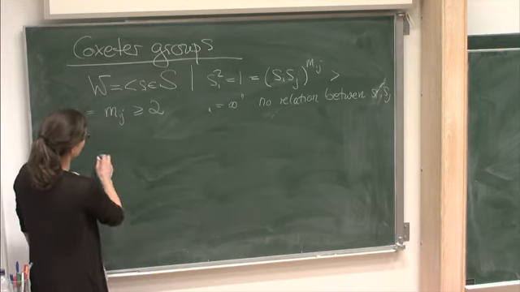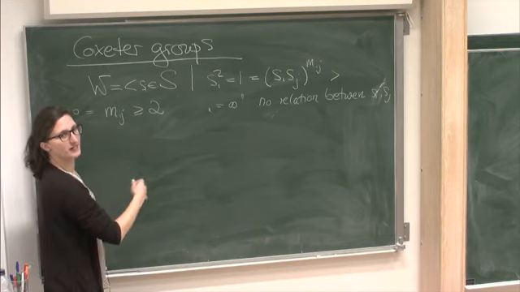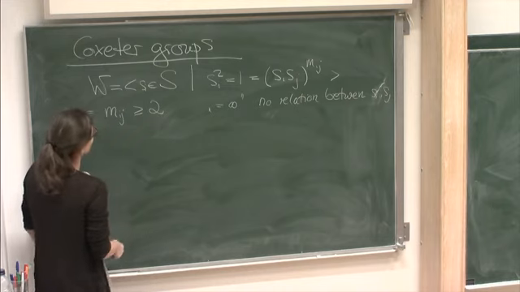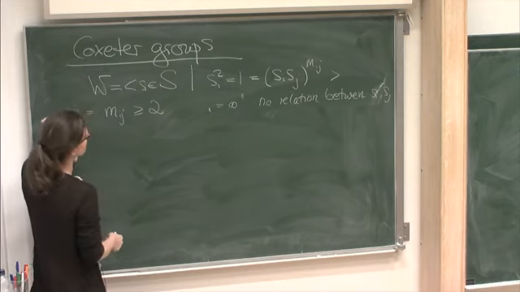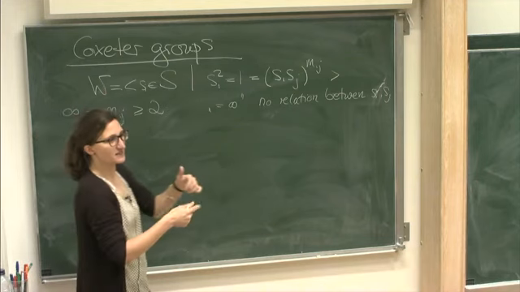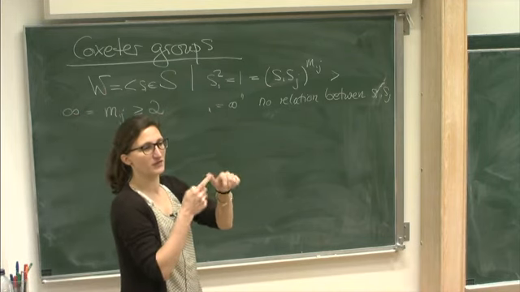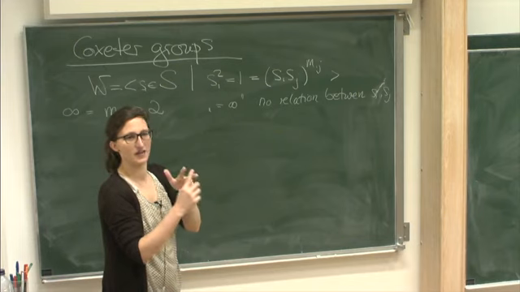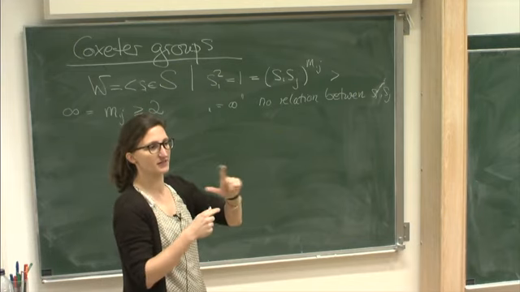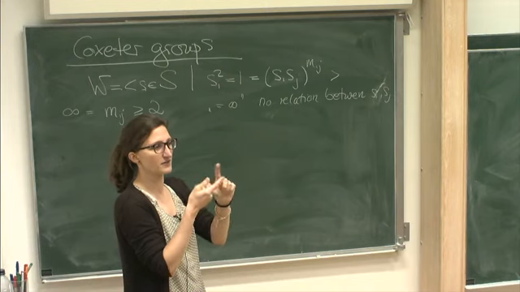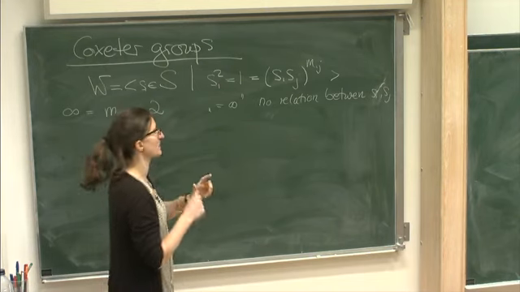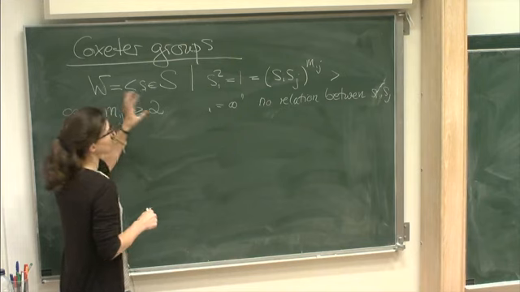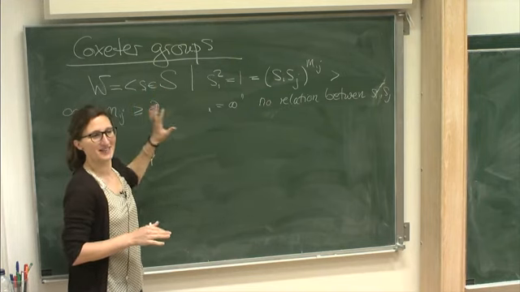Let's have a look at two examples we will keep looking at throughout the talk. These Coxeter groups come in 3 classes. They're reflection groups on spheres, affine space, or hyperbolic space, and the 2 ones we're interested in today are the ones acting on a sphere and on affine space. We'll totally ignore the hyperbolic ones for the sake of this talk.